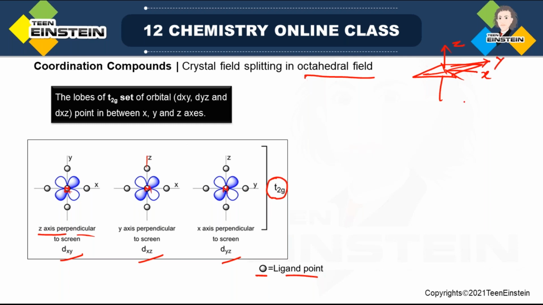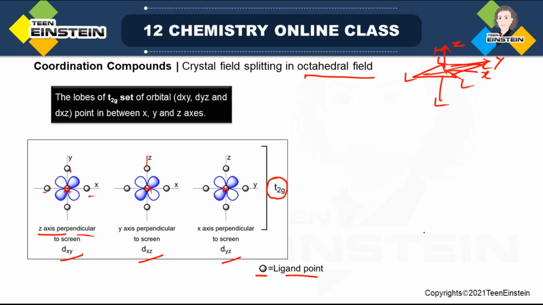That means when the ligands are interacting, they are approaching in this way, and also trans position. So when the ligands are coming towards the metal, they are coming through the axis. That is why you will see all the ligands denoted with this sphere shape are always directly on the axis, right? All these are on the axis.